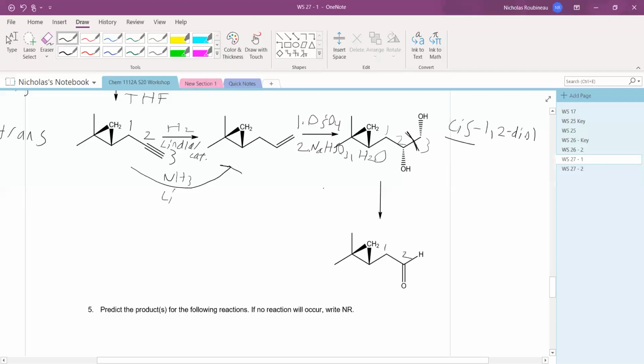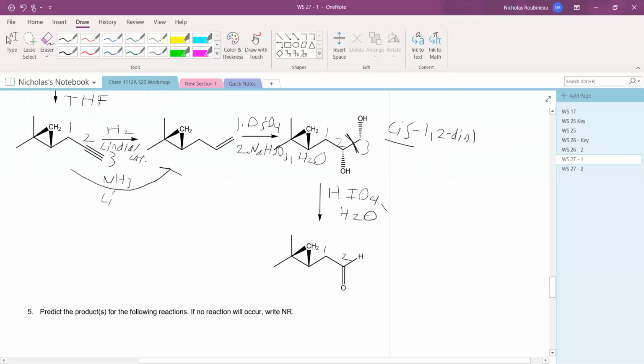This is used pretty rarely, so it's okay if nobody remembers it, but you should try to keep it on your radar for next week. It's HIO4 and water. These conditions will cleave a 1,2 diol, just as if there was a double bond between the 1,2 diol.